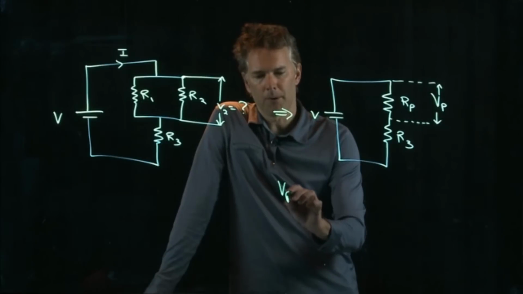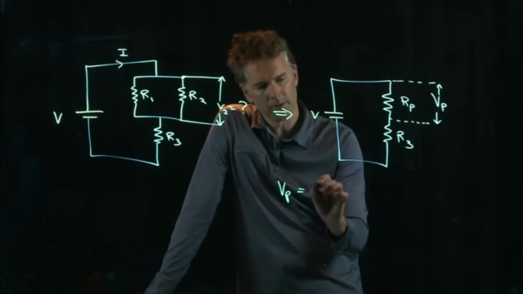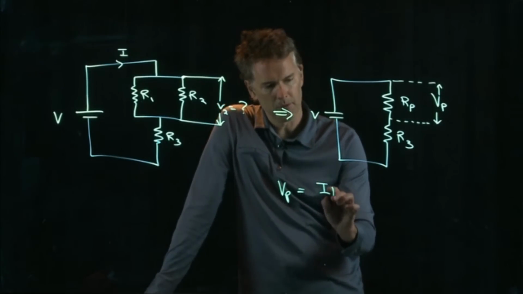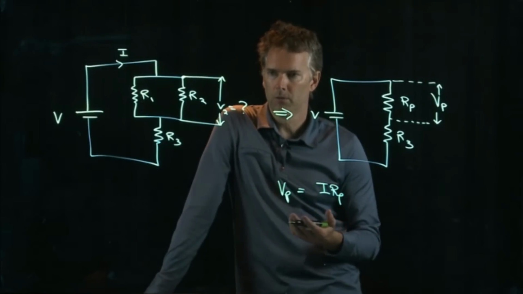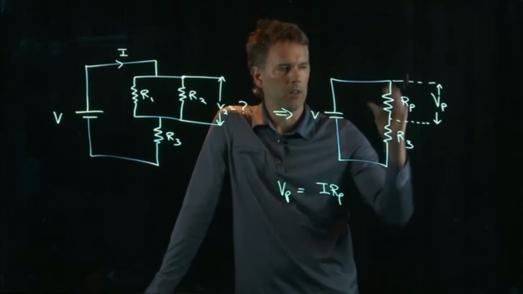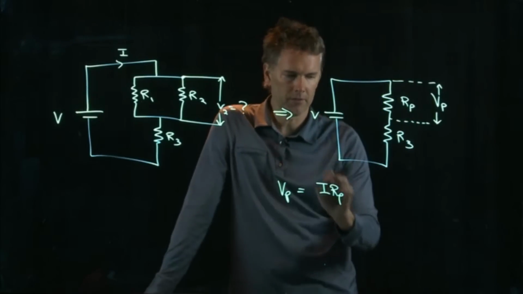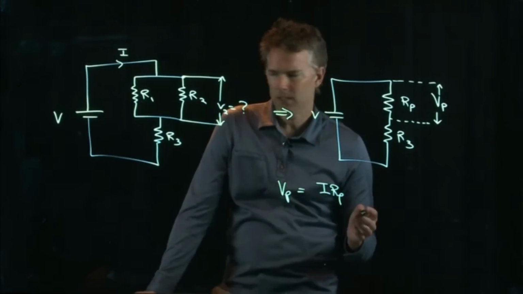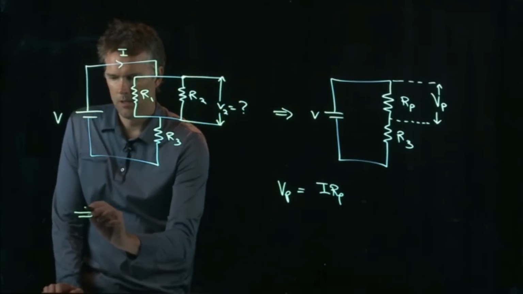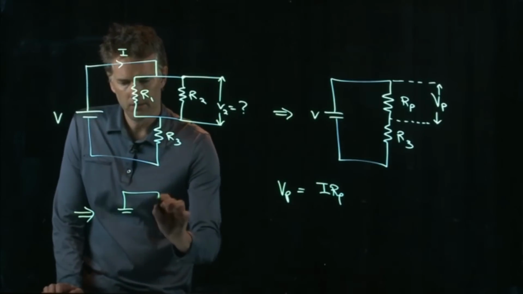The voltage drop across a resistor is just I times RP. That's what Kirchhoff's rules or Ohm's law tells us. Do I know the current? Not quite yet, but we can get it very easily.